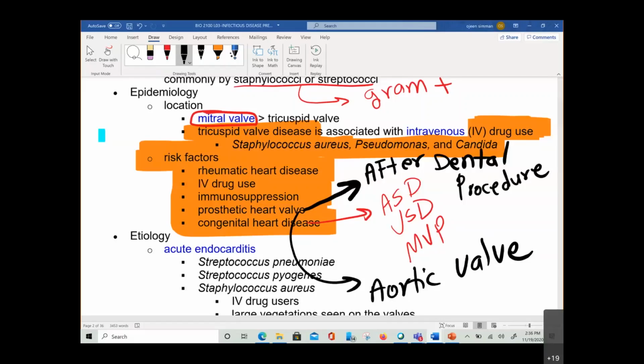And that's why the most common organisms in that case are going to be pathogens or bacteria from the oral flora. That's how it happens.